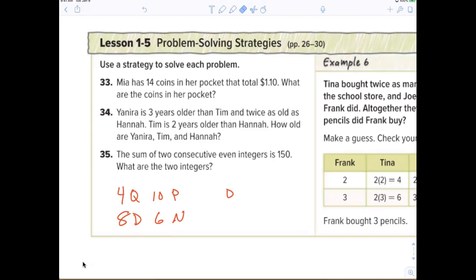So that's 80 cents plus 10 cents. So I'm right on money, but not total. Yes, sir. 8 dimes and 6 nickels. How about that?